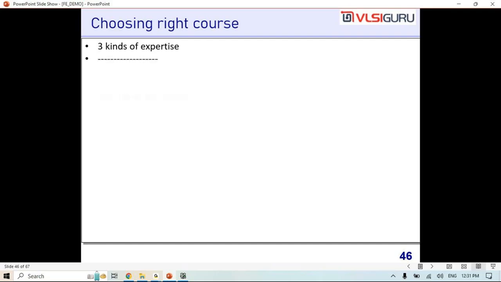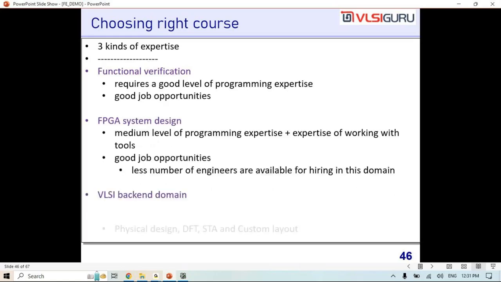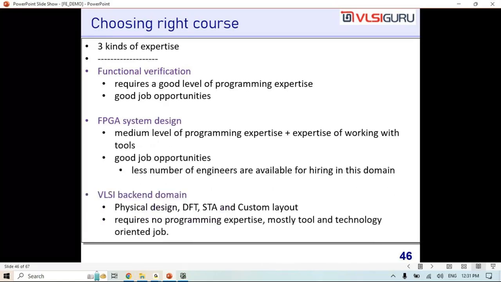So there I have given three possible options. If you are interested in programming skills, you can go for functional verification. FPGA will suit in between. You don't need to be an expert in coding. Yes, it requires coding, but it also involves flow-based training. You need to know how to implement the FPGA flow. If you don't like any of these, if you don't want any coding at all, go for the back-end domain.